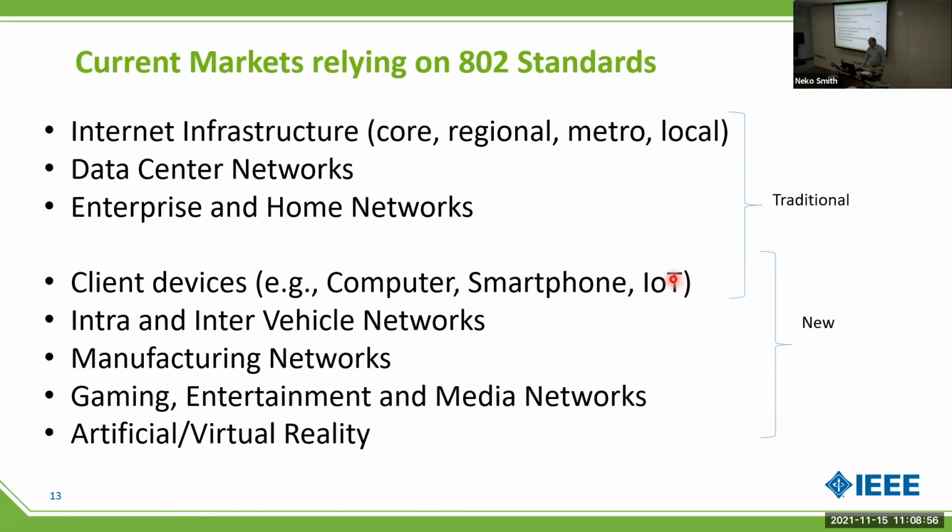This is the new set of markets that are driving it. I'm sure additional markets will emerge that we don't even know yet, but we're trying to provide the platform for these markets to come to 802 and let us know their requirements. And if it makes sense, then we'll kick off a project.